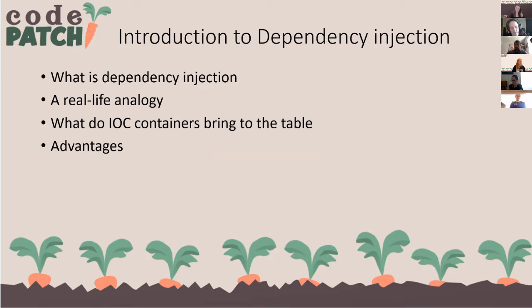I'm going to give a real life analogy to hopefully make it click in a lot of people's minds. I'm also going to show what inversion of control containers bring to the table and what it makes easier with dependency injection. And then I'm going to quickly give all the advantages and then show a working demo, hopefully.